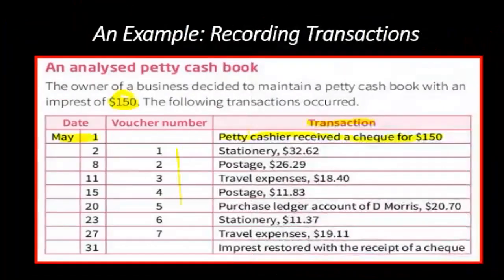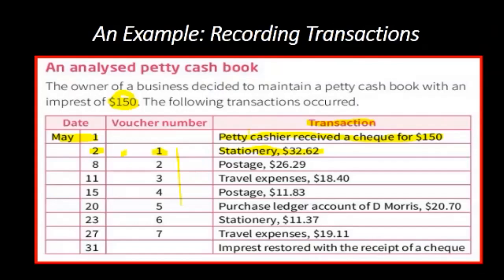The first transaction that takes place is you buy stationery for $32.62 on the second day of the month, and you issue voucher number 1 for it. Right? What if you get a bill for this? It would be attached to this voucher.